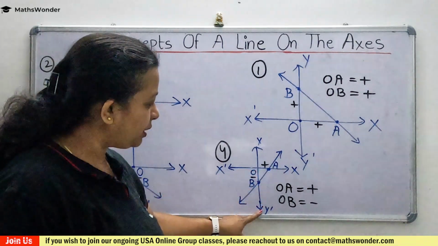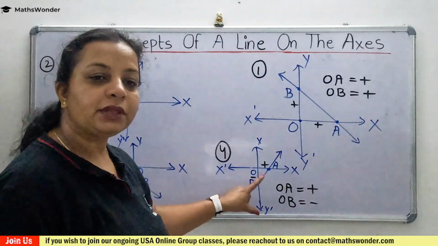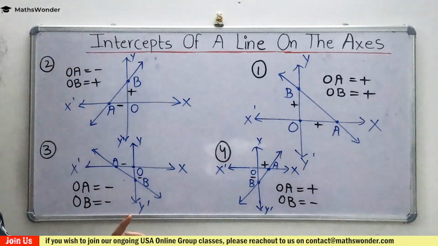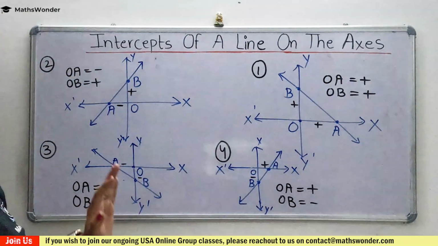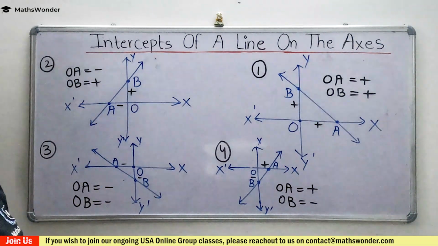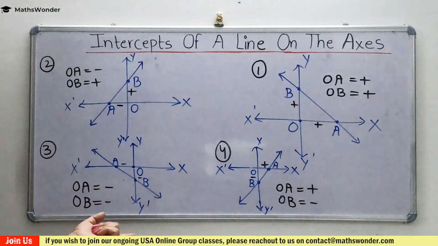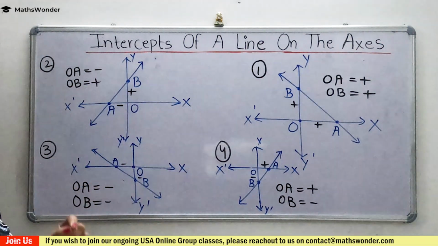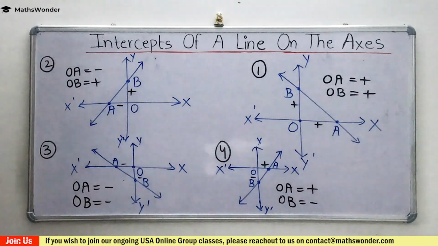Same here, OB is negative because it lies on the negative side. So according to the axis, your intercept will change. That's why we have written in the notes, OA is positive or negative according as A lies on OX or OX dash respectively. Similarly, OB is positive or negative according as B lies on OY or OY dash respectively. Understood?